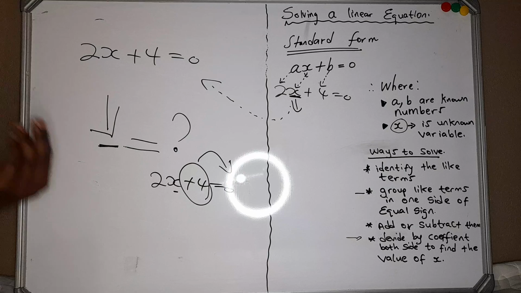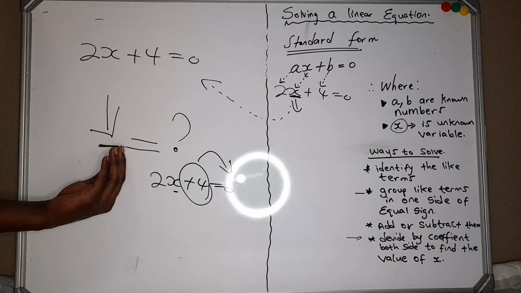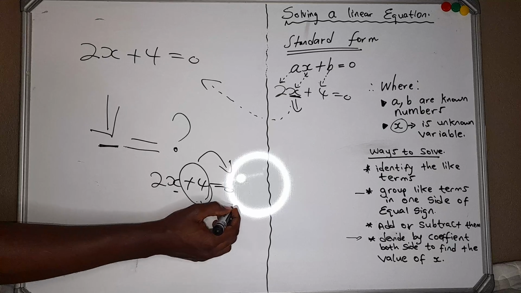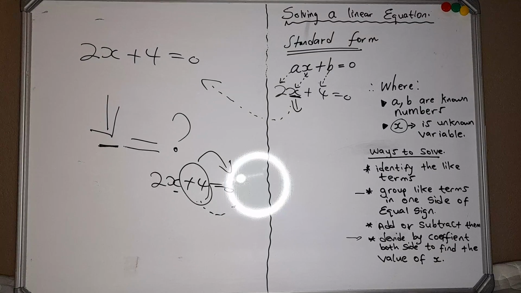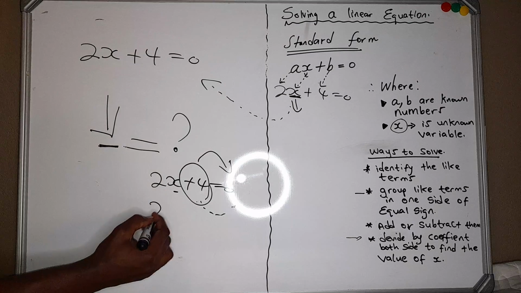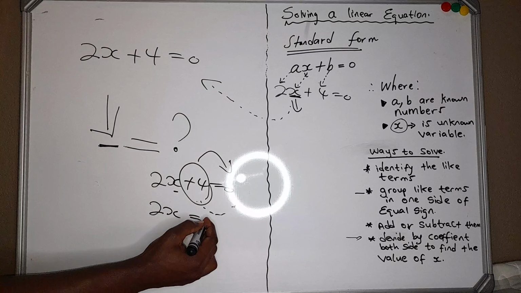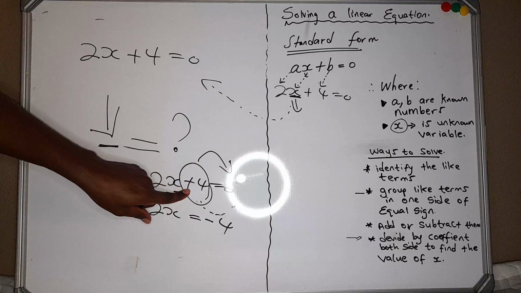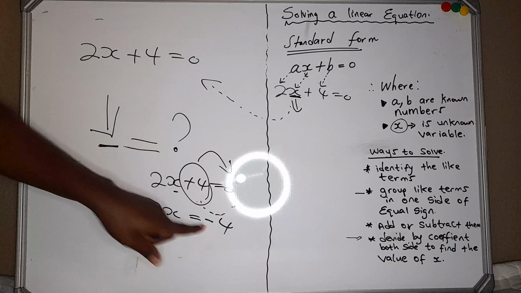So for you to make this unknown variable alone on this side, you take this 4 to that side of the equal sign. When you move this 4 to that side, we are left with 2x is equal to negative 4. Why? Because when positive jumps the equal sign, it becomes negative.